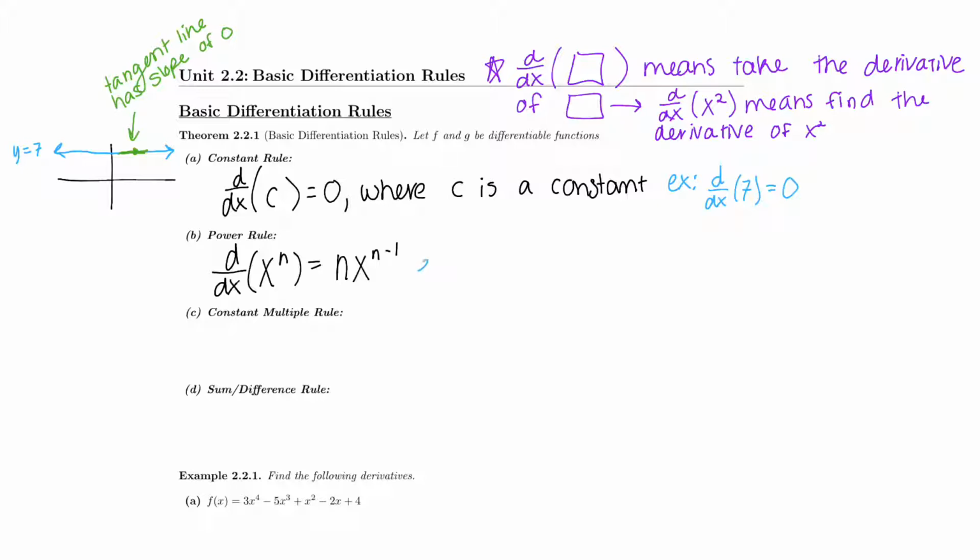That looks a lot scarier when I write it in math terms than it actually is when we use it. So, for example, if I'm taking the derivative of x to the 6th, this 6 comes down in front. So we have 6x, and then we just make this 1 smaller. So 6x to the 5th.